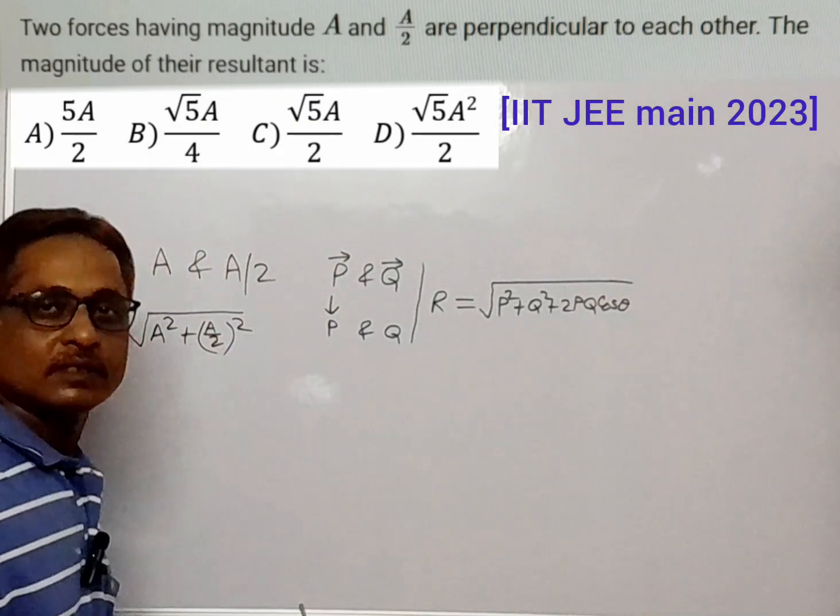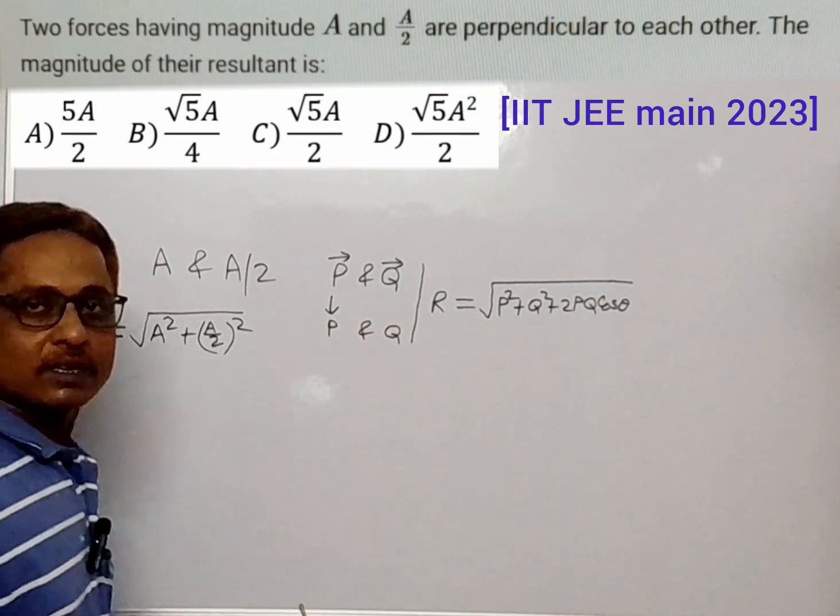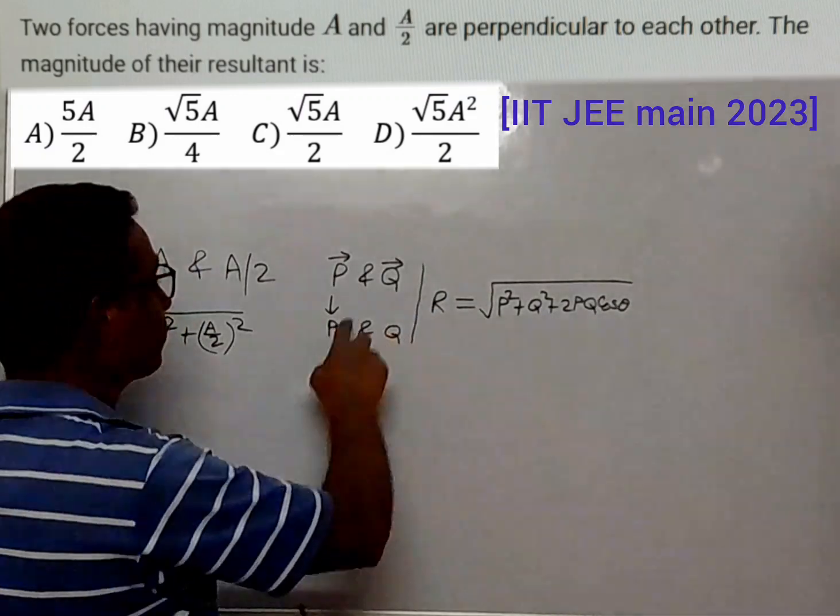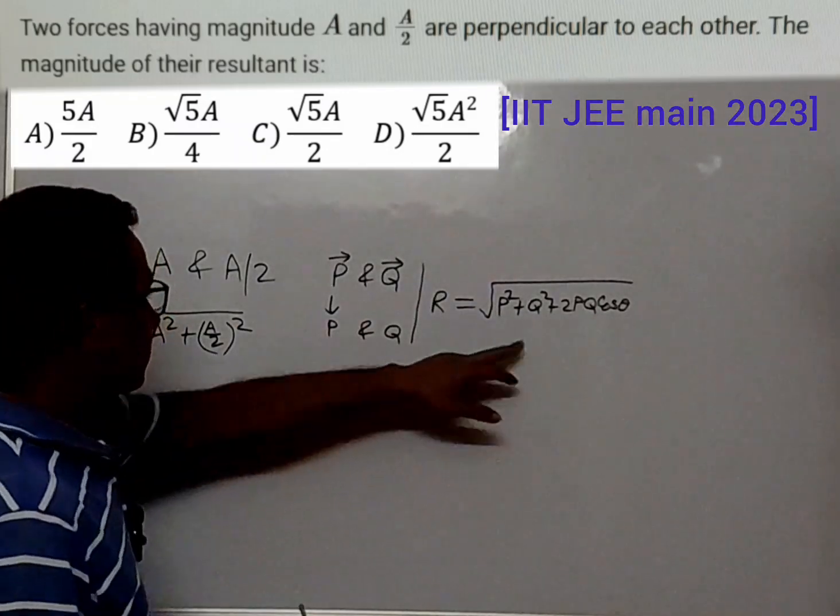This is as per the parallelogram method of vector addition. The resultant of these two vectors will be equal to this.